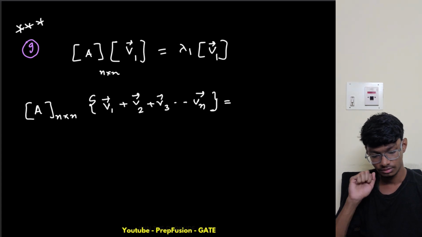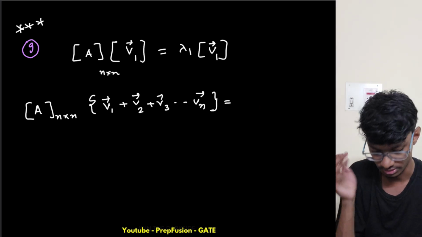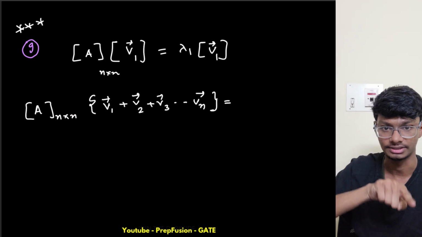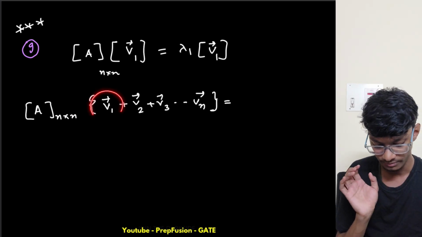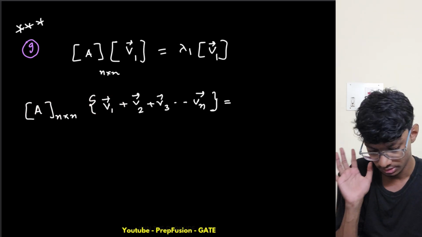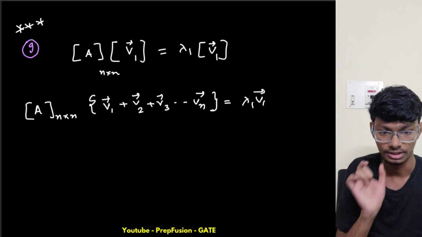Now what will be my right hand side? Explain what will be my right hand side. So A times v1, where v1 is a column matrix, gives lambda 1 times v1.